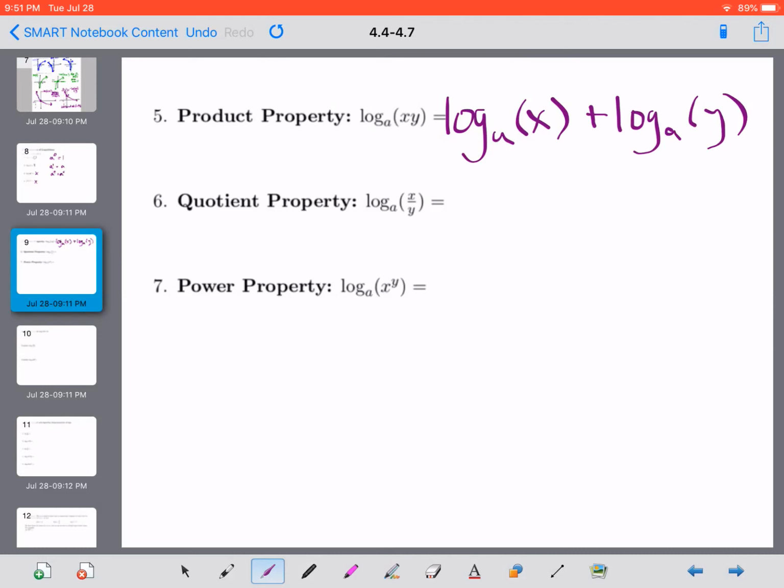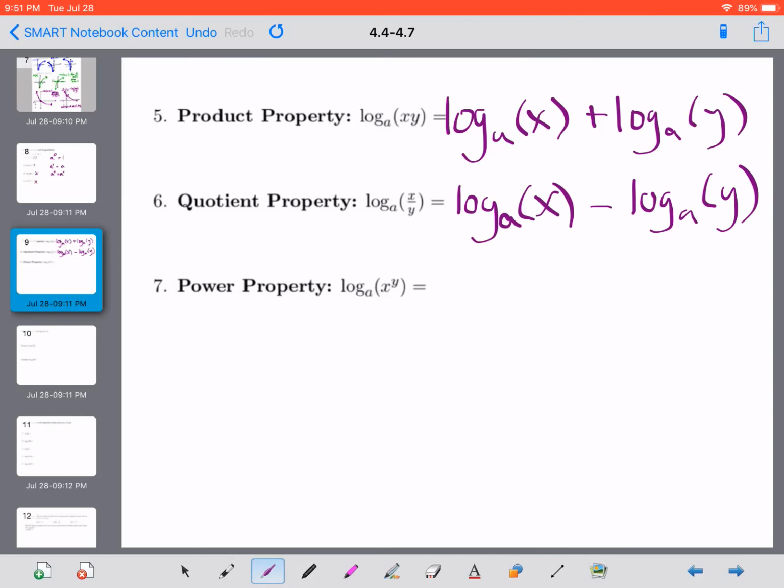And similarly, using similar reasoning, log base a of x divided by y, we can break this up into two separate logs as log base a of x minus log base a of y. And we're going to see in a minute why this is true. Finally, if you have log base a of x raised to the y power, again, you might be tempted to pull that y out in front, but in fact, that's not the case.